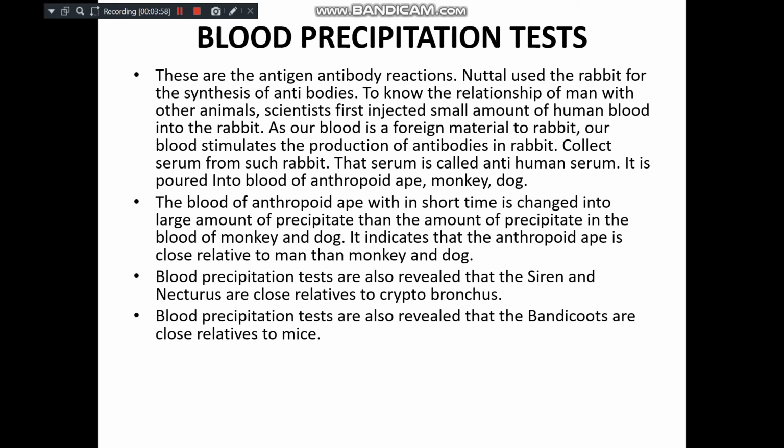Naturally, our blood is a non-self or foreign material to the rabbit, and it stimulates the production of antibodies in the rabbit. Then he collected the serum of such a rabbit, called anti-human serum, and poured it into the blood of apes, monkeys, and dogs.